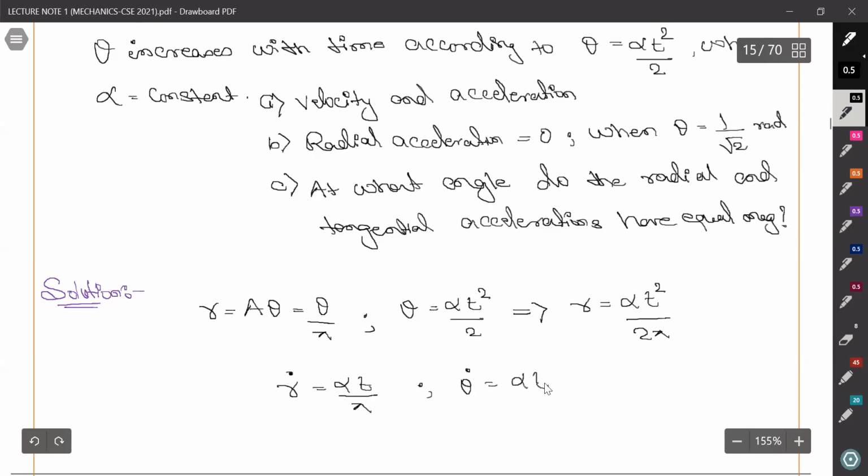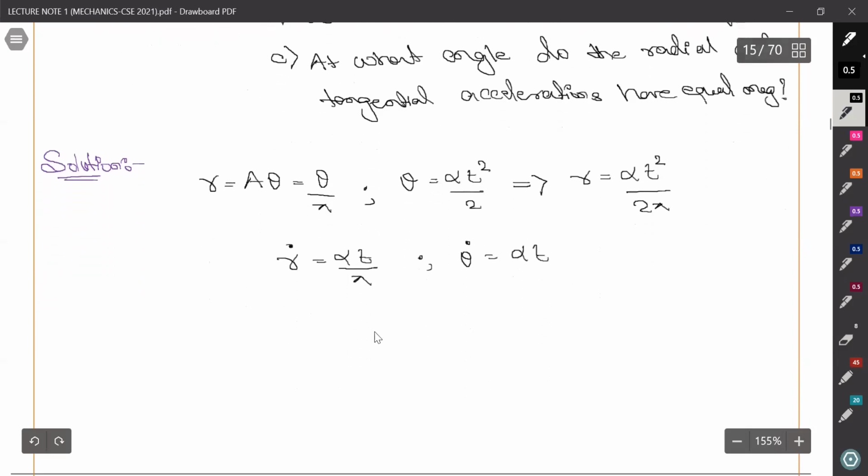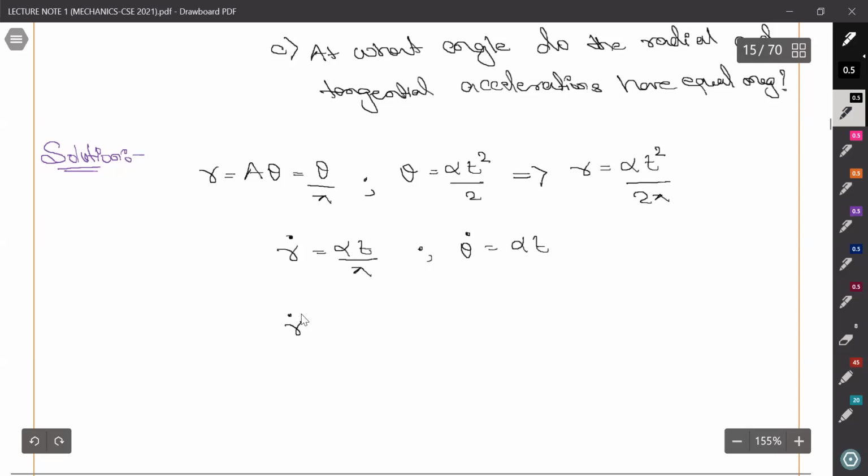Also, theta dot is what? Just differentiate, because we have to put these values in our velocity and acceleration terms. See, this is very easy to see. Alpha t. Always remember, this is the Newtonian notation we are using for differentiating with respect to time only. And here theta double dot equals alpha. You can easily substitute their values. What is V?